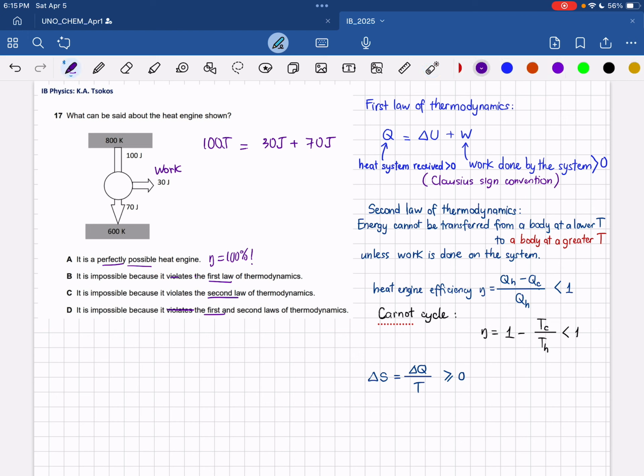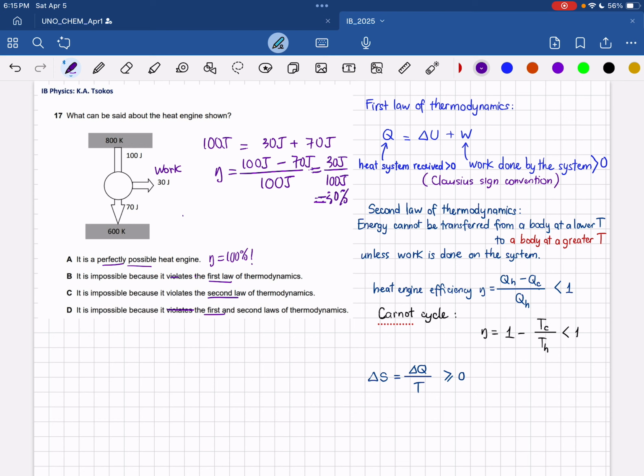But if you have a closer look at the efficiency, you can see that the hot heat is 100 joule, and the wasted one is 70 joule. So actually the efficiency, the ratio between the work done and the total initial energy, is 30%, right? If we follow this one.